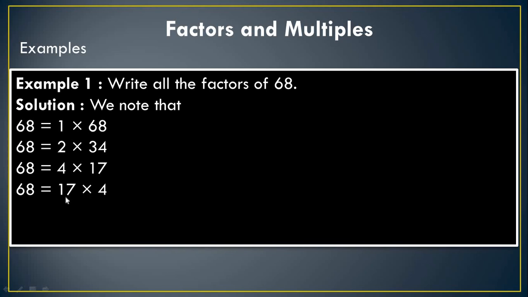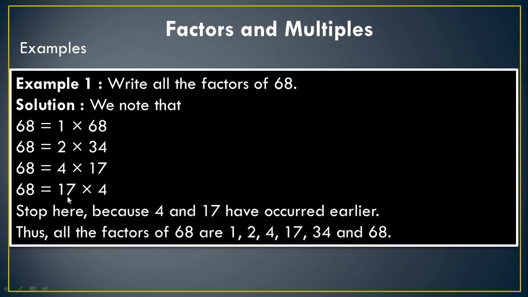So we will count only once. So all the factors of 68 are 1, 2, 4, 17, 34 and 68. 34 and 17 we already included, 4 also we already included. So these are the factors.